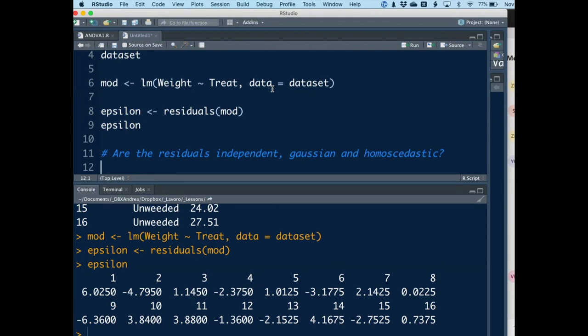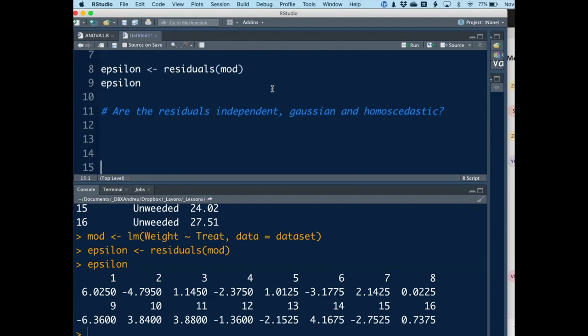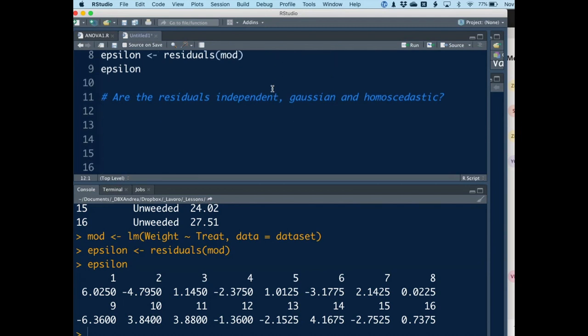So we need to be able to use them. So one plot, so graphical methods. One type of plot we can do is this one.